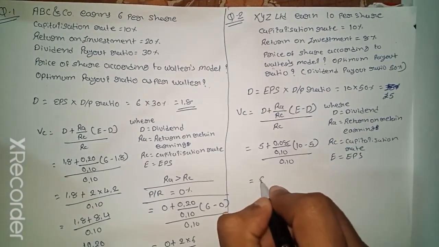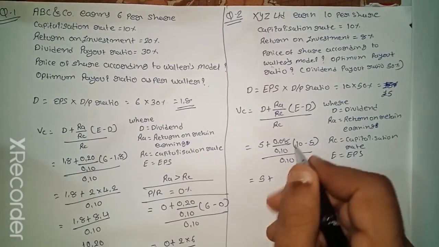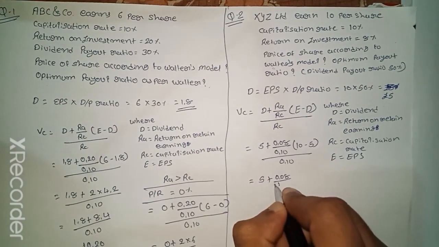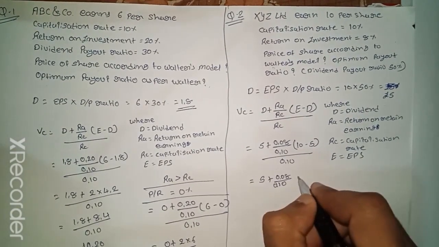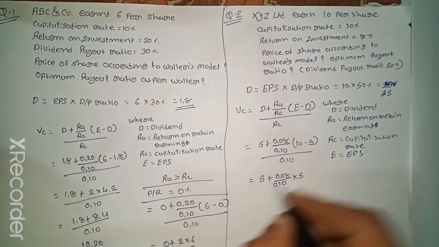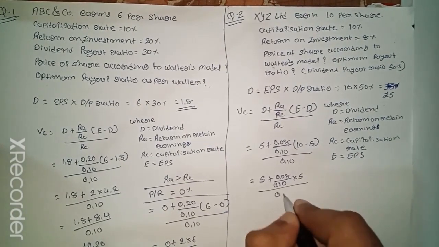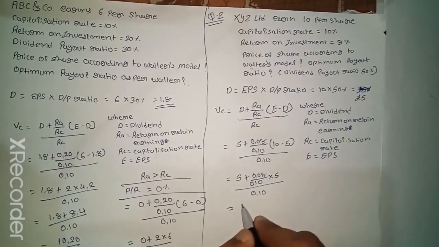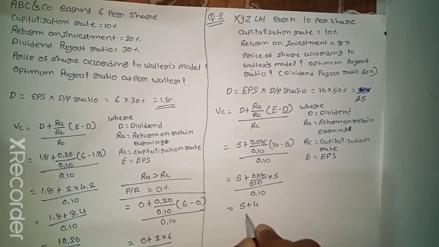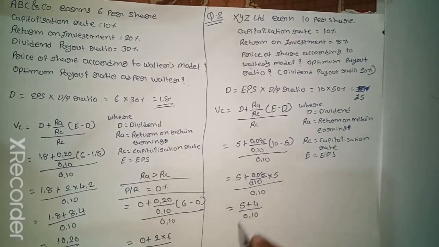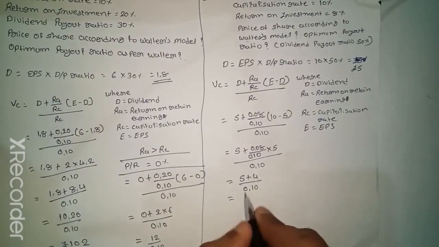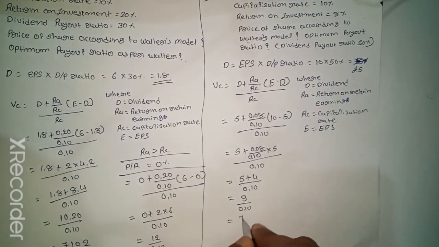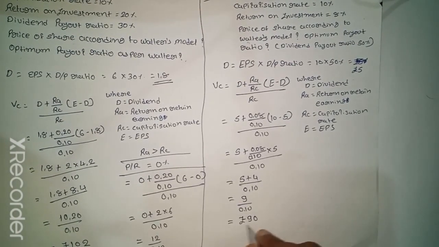So we get 5 plus 0.08 divided by 0.10 into 5, whole divided by 0.10, is equal to 5 plus 4 divided by 0.10. So 9 divided by 0.10. So value per share is rupees 90.